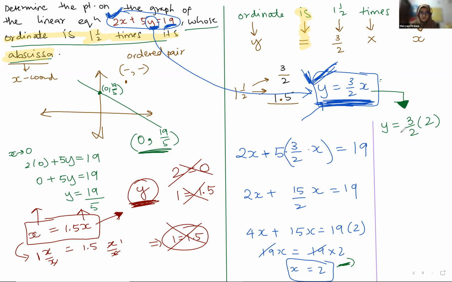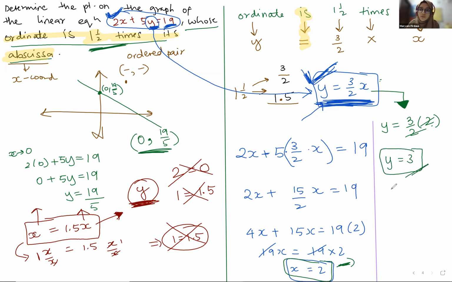Because that is the condition that the question is giving us. So y is 3 by 2 times 2, and the 2s cancel, so y is equal to 3.